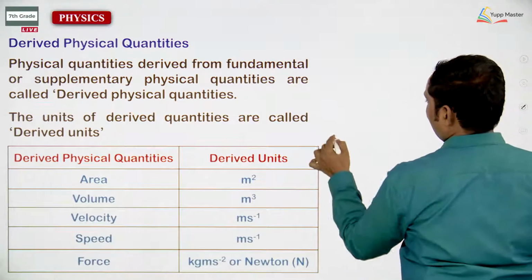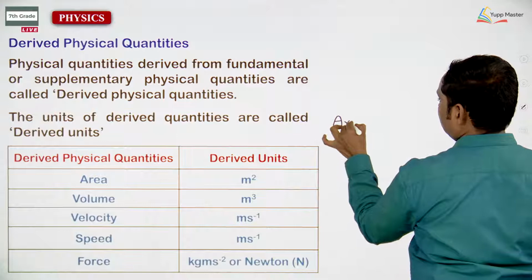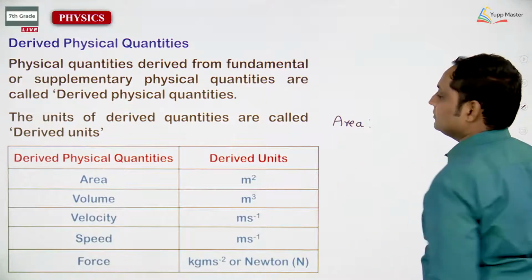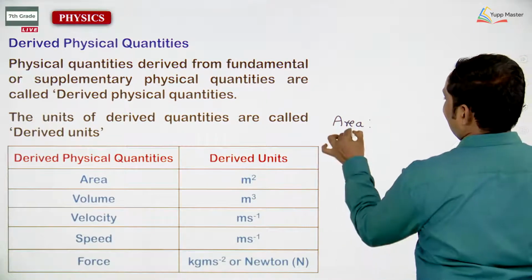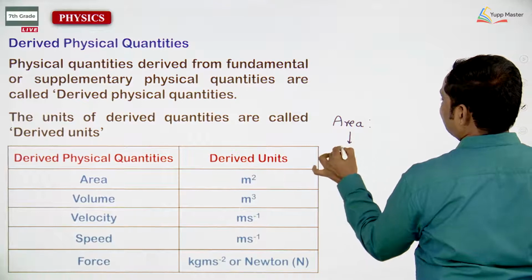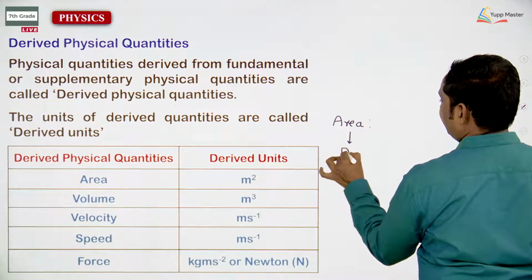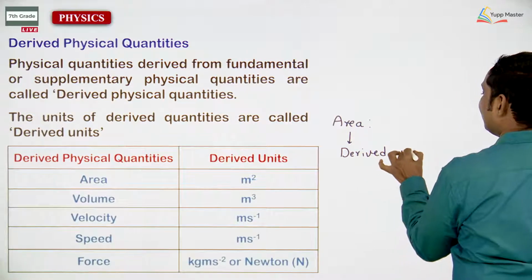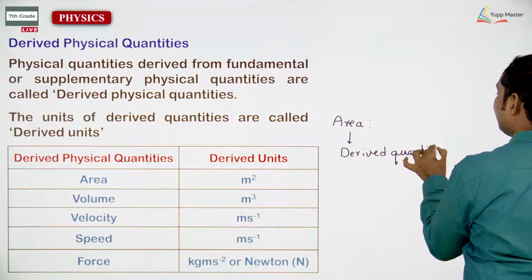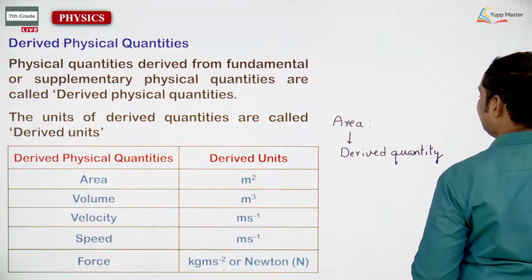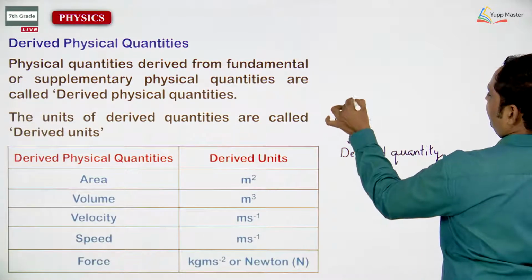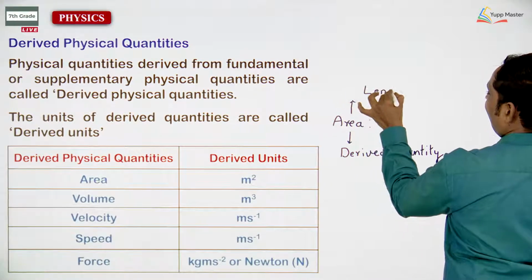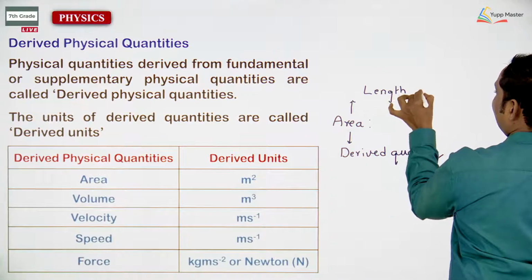Suppose you have taken area, it is a derived quantity, and you can take length and breadth also.